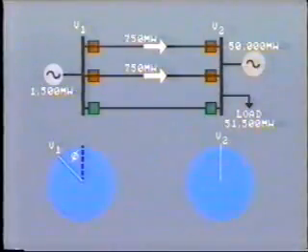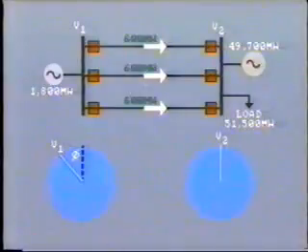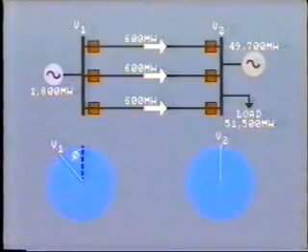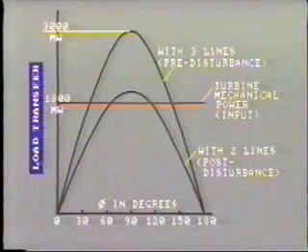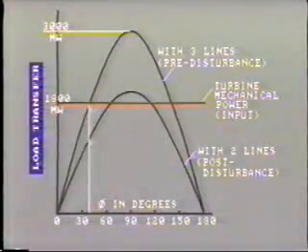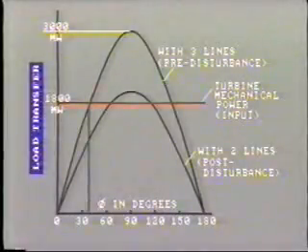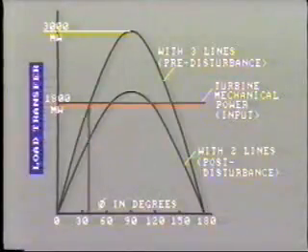Now let's look at another example on the same section of the power system. This time, the load transfer has been increased from 1,500 megawatts to 1,800 megawatts. Now let's return to our load transfer curves. We can see that with 3 lines in service, the phase angle difference must be increased to about 37 degrees in order to transfer 1,800 megawatts.